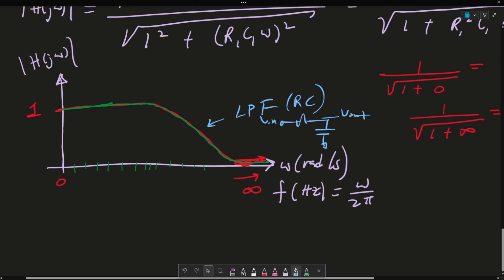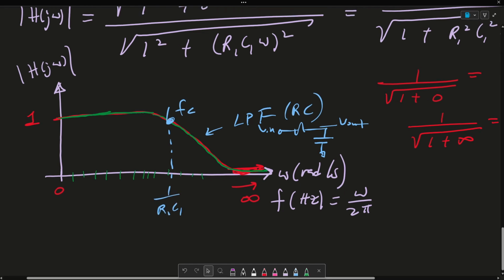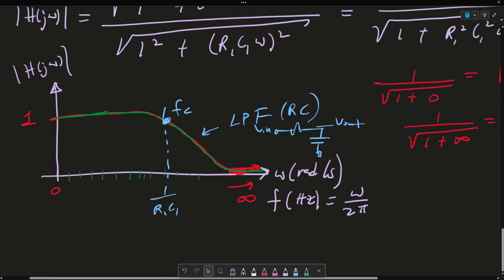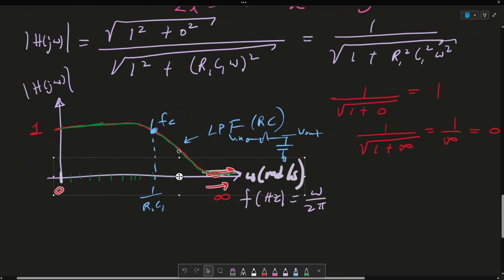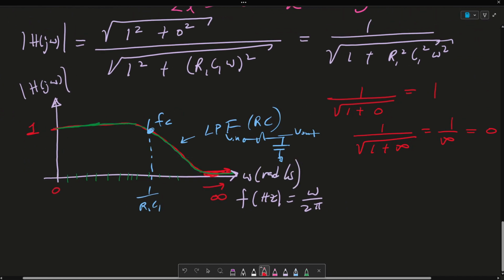Some key things to note is when you're doing filter design or frequency response, there's something called a cutoff frequency, FC. This is a very important frequency in this situation. It's 1 over R1 C1. And let's go ahead and plug in omega equals 1 over R1 C1 and see what happens in my equation.